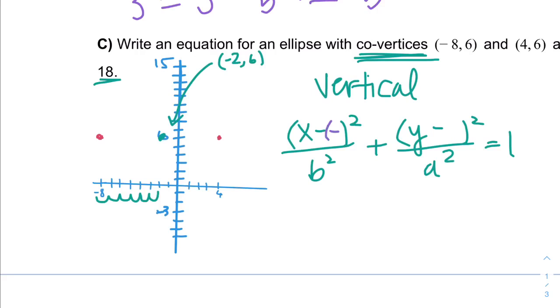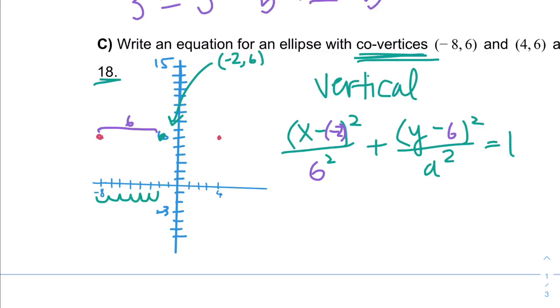This will be -2, and this is 6. So I've got that far, and I know that my b is 6, right? We calculated this distance right here to be 6, because the total length of the minor axis is 12, so I can change this to 6.